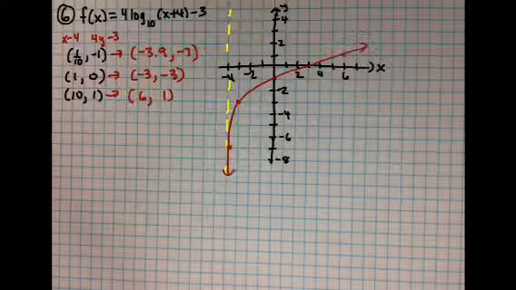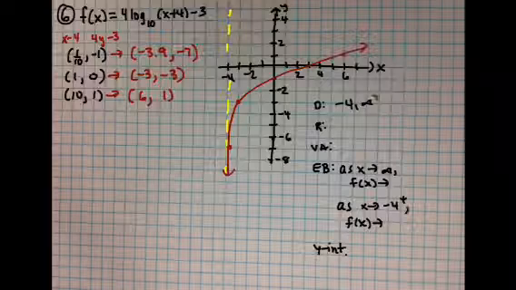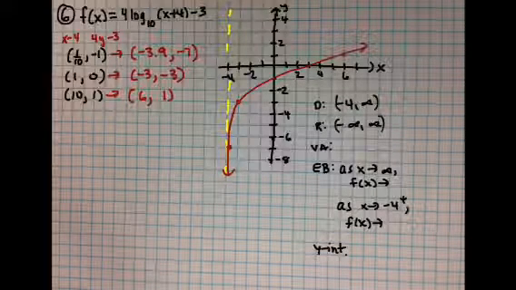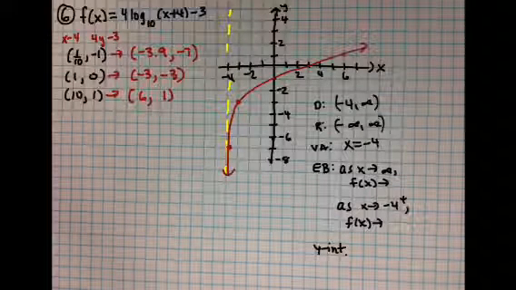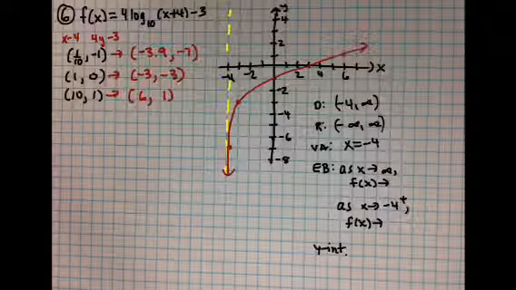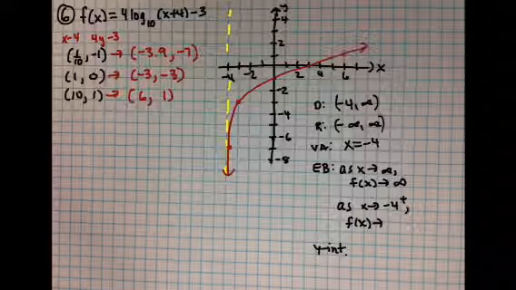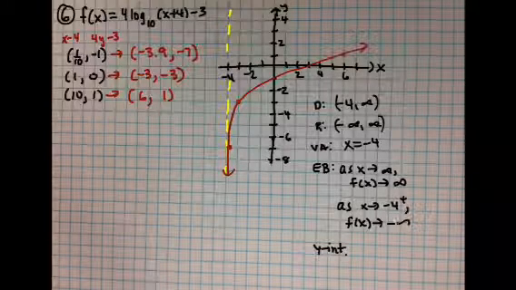And so now, the domain is all x values greater than negative 4. The range is all reals. Vertical asymptote is x equals negative 4. For the end behaviors, as x gets bigger, f of x also gets bigger, y also gets bigger. And as x approaches negative 4 from the right, the graph is going down, so it goes to negative infinity.